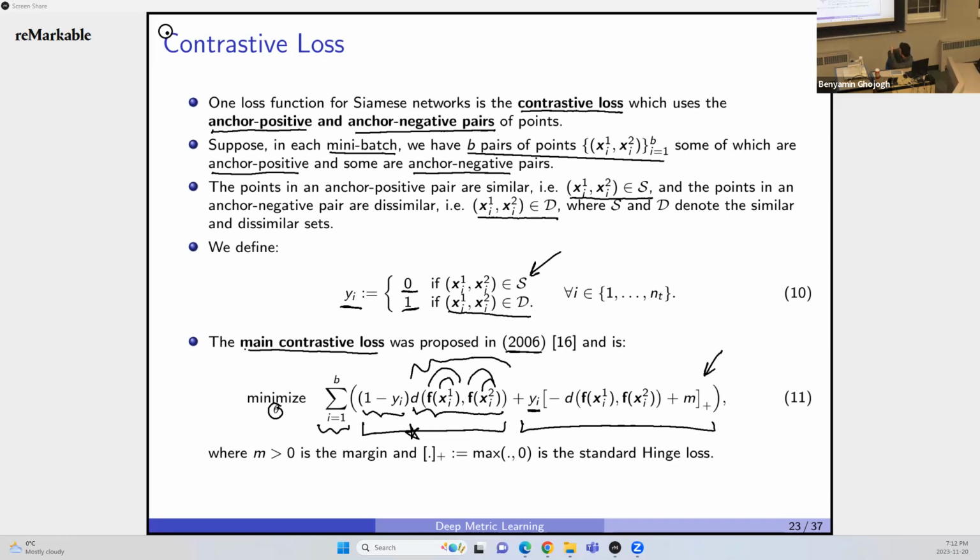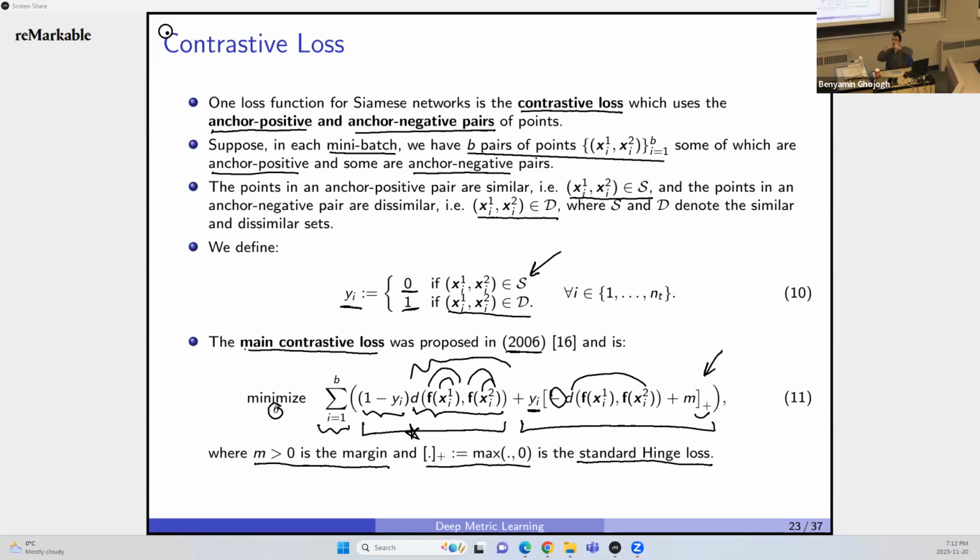So what is this? Do you remember this is a standard hinge loss, which is similar to the ReLU function? And this M is a positive scalar. It is a margin. By the way, I have minimized minus this distance. What do I mean? It is equivalent to maximizing that, right?